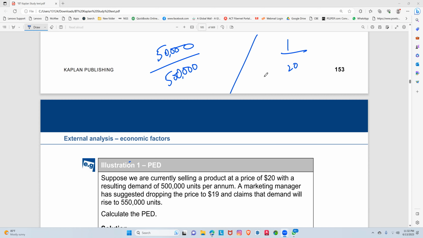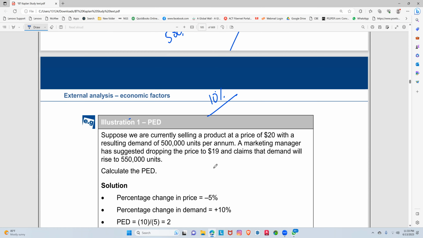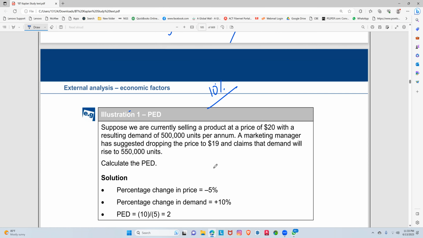Sorry, 10% and then this 1/20, 0.0, so 5% it is. Percentage change in price is 5%.